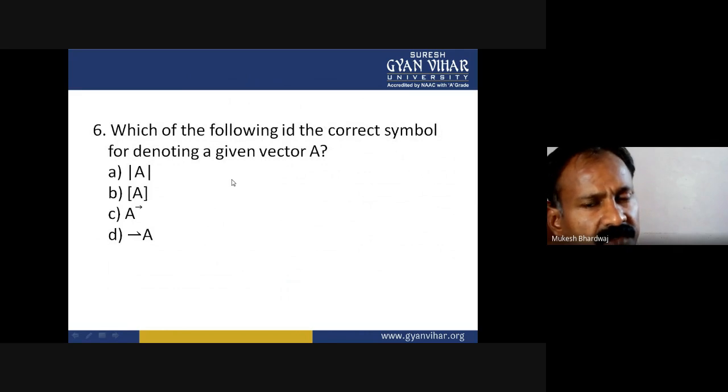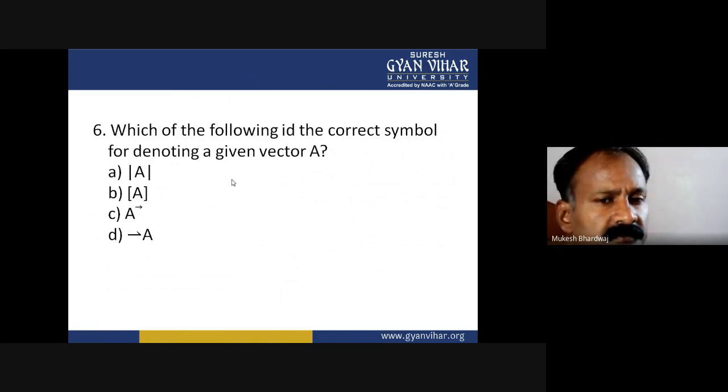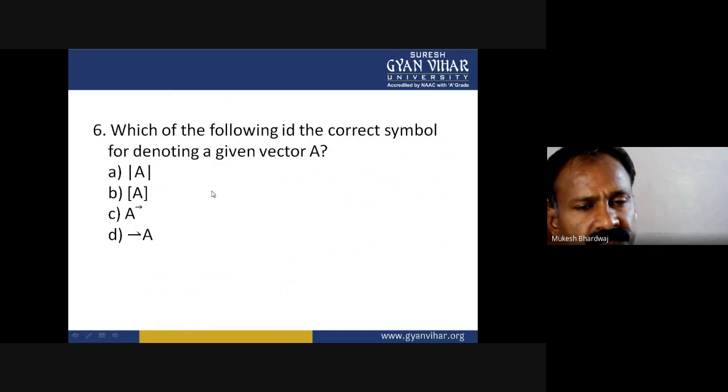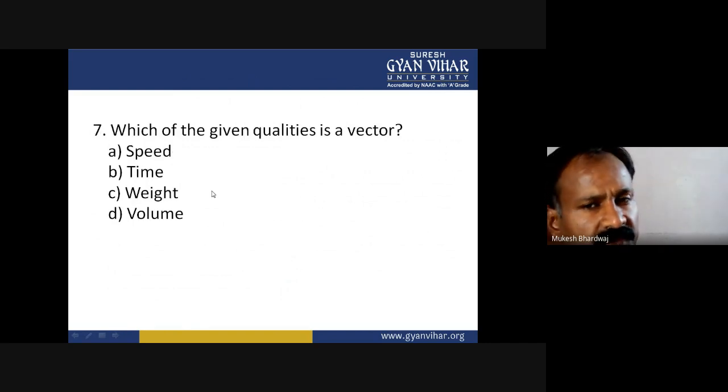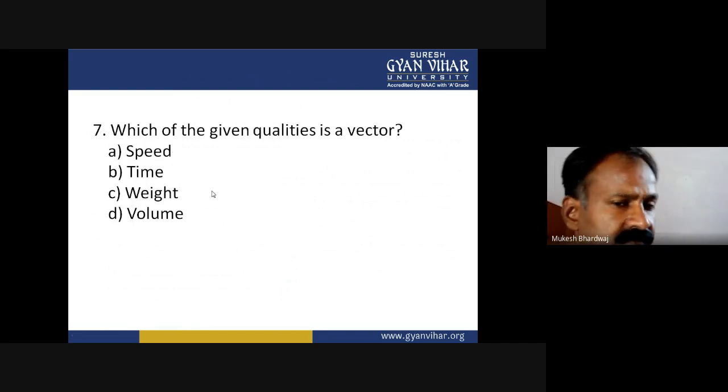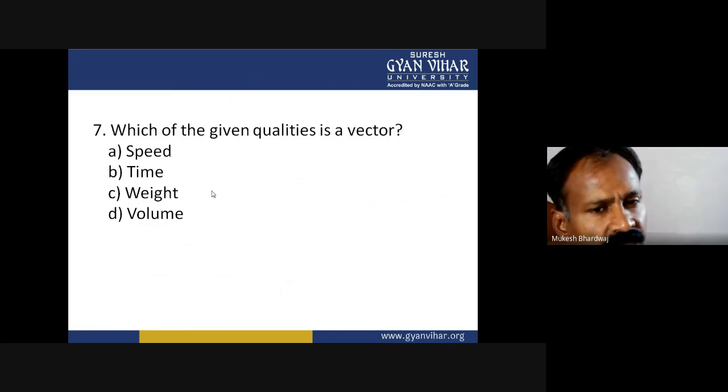Which of the following is the correct symbol for denoting a given vector? C. Which of the given quantities is a vector? Speed, time, weight, volume.